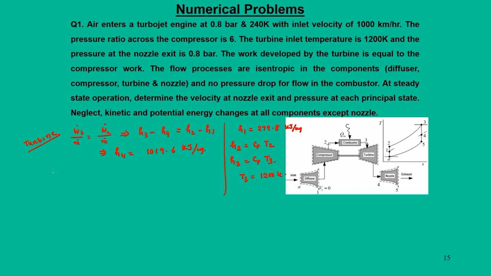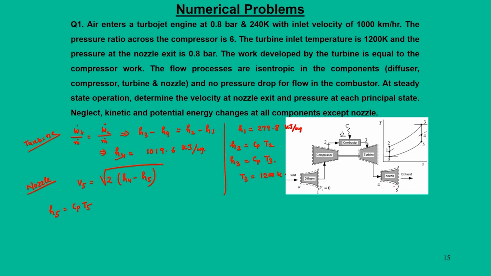Then from the turbine we move to the nozzle. For the nozzle we can say the working equation V5 is equal to the square root of twice times (H4 minus H5). We have already H4, we do not know H5. H5 is nothing but Cp times T5.